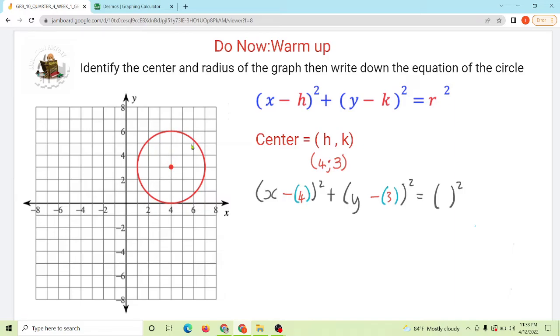But this way we can see it better. And we can clearly see that it's 3 blocks, right? So that will be the radius. So that will be 3.